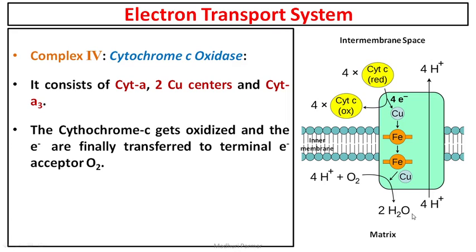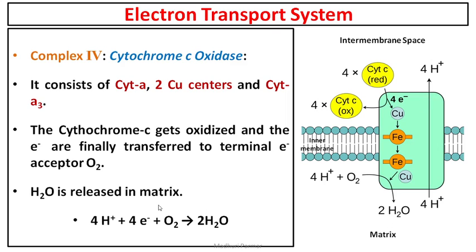Here also, during this whole process, 4H plus are transported out of the matrix to the intermembrane space. H2O is released in the matrix, and this is the whole reaction: 4H plus, 4 electrons, plus oxygen give you 2 molecules of water.